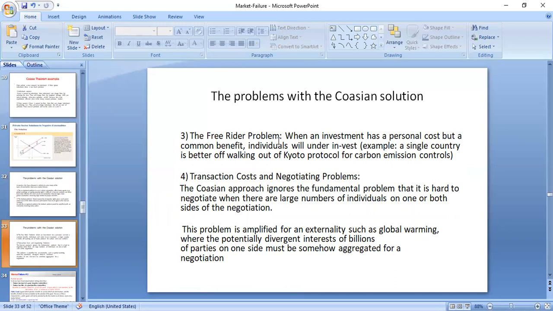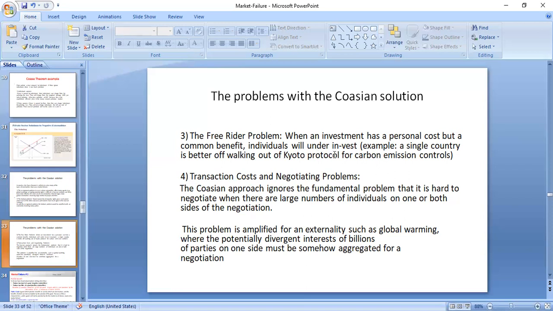And then another limitation of this theory is the free rider problem, whereby, for example, some countries do pollute and they are never accountable for their pollution around the world. For example, we have a convention called the Kyoto Protocol.